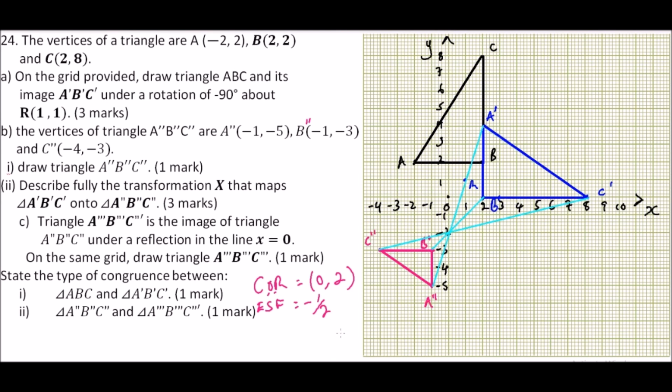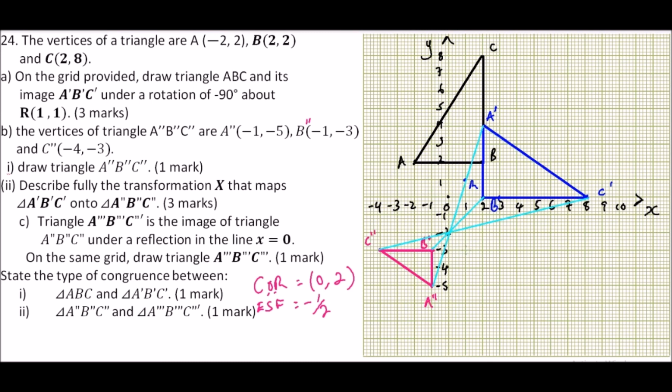Finally, we are told triangle ABC triple prime is the image of triangle ABC under a reflection in the line X is equal to 0. So this is the line X is equal to 0, that is this, which is the same as the X-axis. So let's reflect our triangle through that line and get our image. If we reflect B through X is equal to 0, we get our B there.